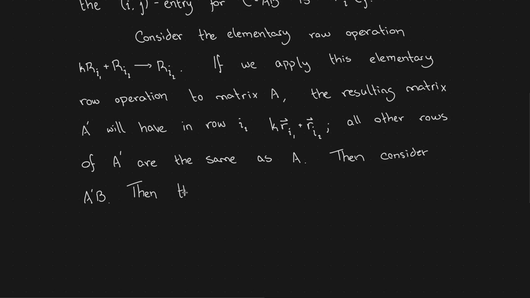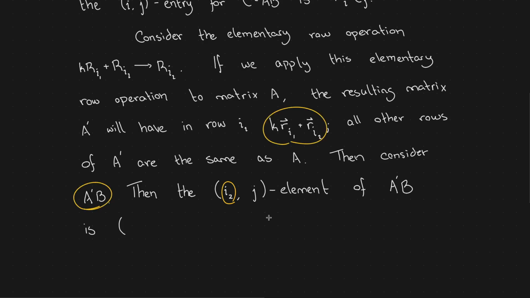Then the element in row I sub 2, column j, so the I sub 2 j element of A prime B, is, just as I said, going to be the I sub 2 row of A prime.